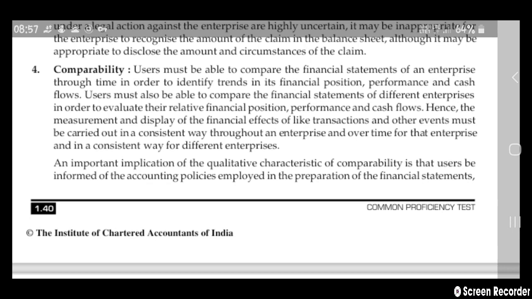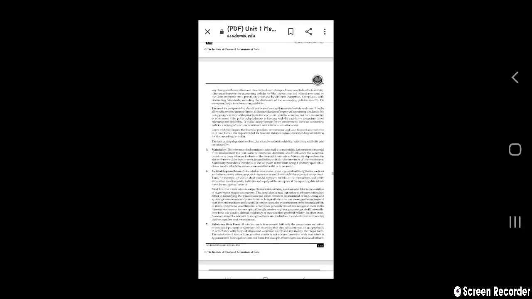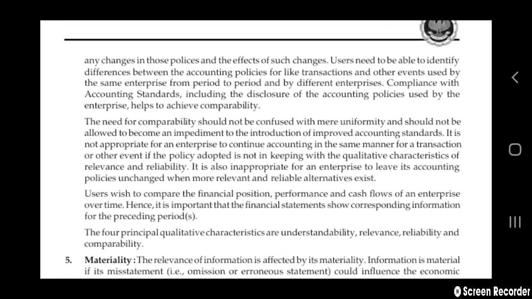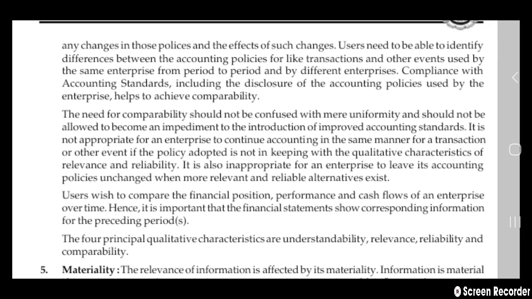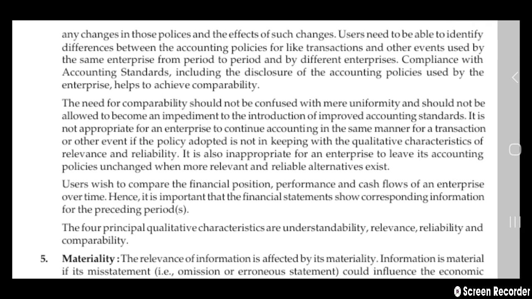So an important implication of the qualitative characteristic of comparability is that users be informed of the accounting policies employed in the preparation of the financial statements, and of any change in those policies and the effects of such changes.